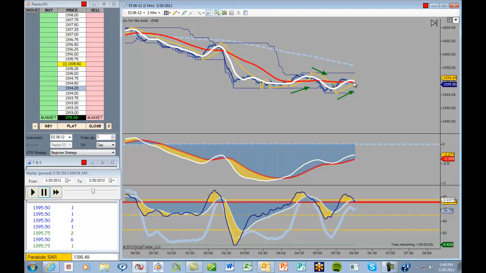Plus our white is not fully below the red, and I think we'll just play this one out and see what happens here. I think based on this long-term MACD, we're going to see more action to the upside.